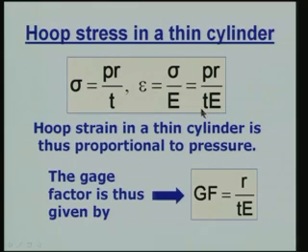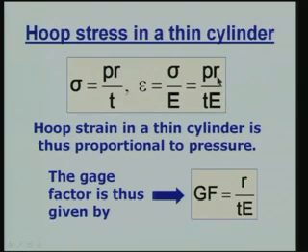In fact, I can use this expression epsilon equal to PR by TE to define what is called a gauge factor. That means epsilon is equal to some constant times the pressure. It is a linear relationship between the hoop strain and the pressure, epsilon is equal to P times some constant, which is R by TE.